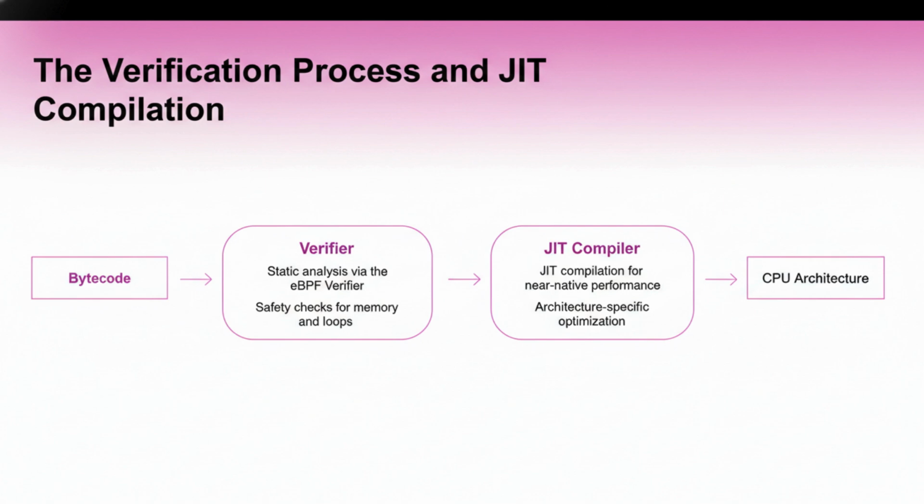Once verified, the just-in-time, or JIT, compiler translates the generic eBPF bytecode into native machine code optimized for the specific CPU architecture. This process ensures that the eBPF program runs at near-native speed, providing the performance required for global scaling without the risks historically associated with custom kernel-level code.